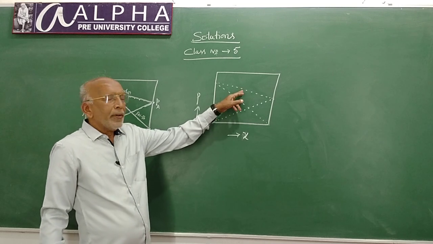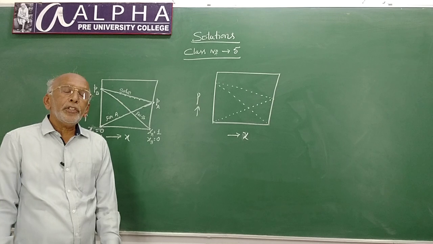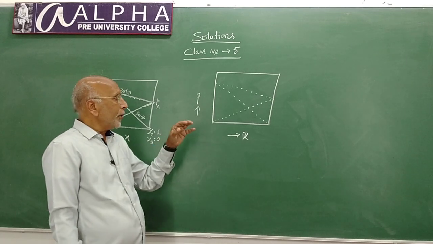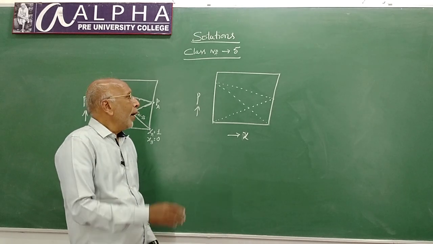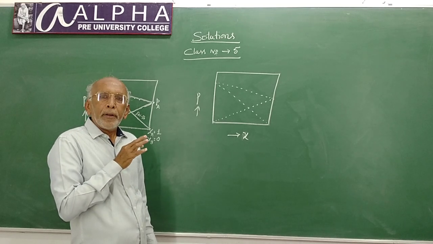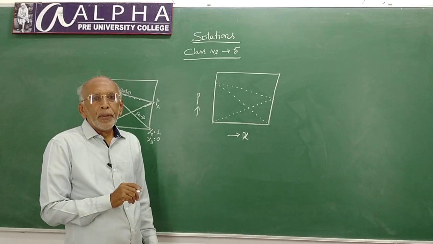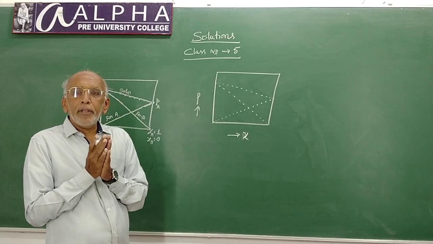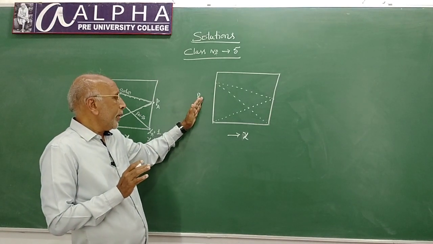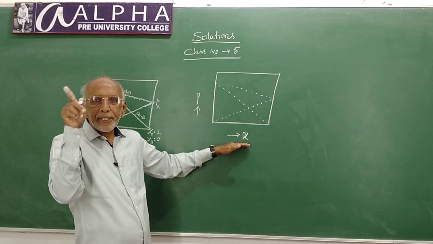A non-ideal solution showing positive deviation shows higher vapor pressure of the mixture than the constituent liquids at any composition. That means the plot of total vapor pressure against mole fraction shows a maximum.